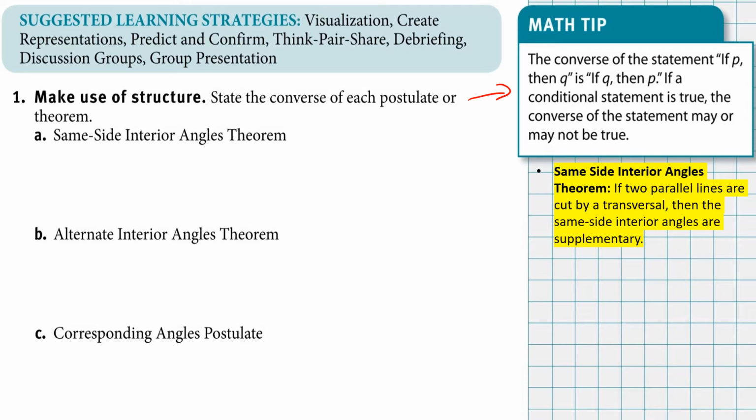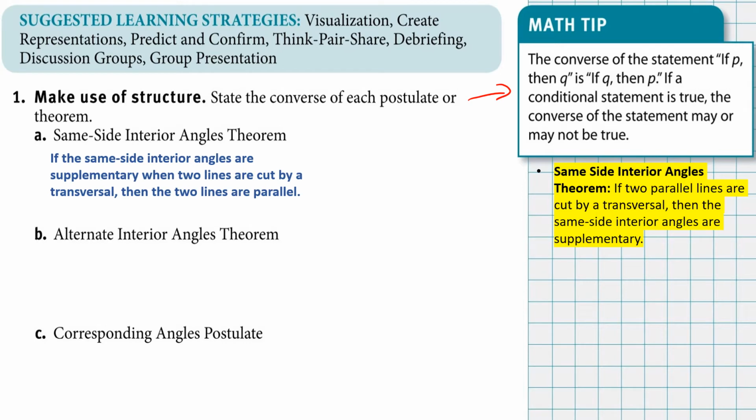So let's go ahead and look at what I have for the converse of the same side interior angles theorem. I've got: if the same side interior angles are supplementary when two lines are cut by a transversal. See, it's a little bit different. We kept that two lines are cut by a transversal in the if statement, because that has to happen to even talk about any of this.